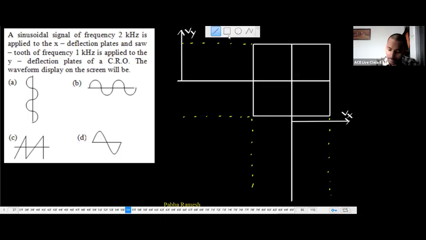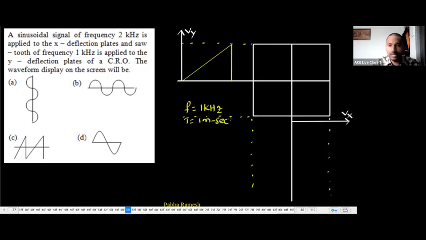So I'm taking that sawtooth waveform. What is its frequency? This frequency is 1 kilohertz he has given. 1 kilohertz means time period is how much? 1 millisecond. Time period is 1 millisecond.